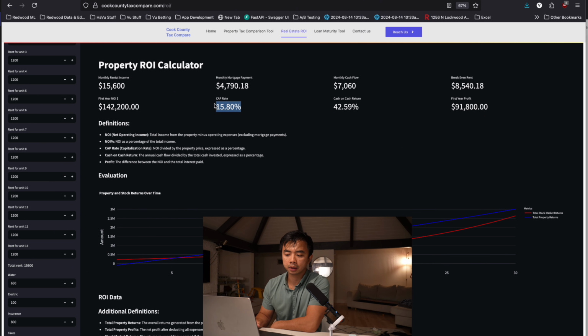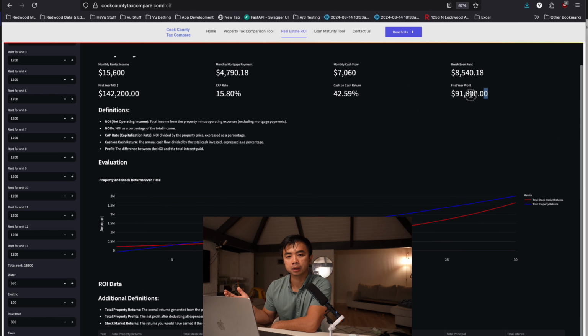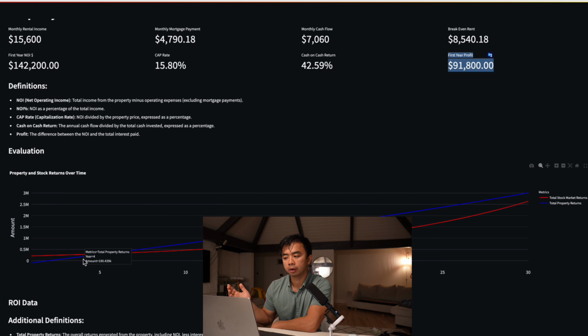And so basically your yearly NOI, net operating income profit, divided by the worth of property, is 16%, which is really good. 42% cash on cash return. So your $200,000 that you're putting in, you're getting 42% of that in your ROI your first year, which is amazing, actually. And your first year profit is $91,000.